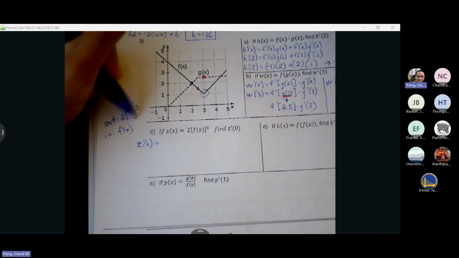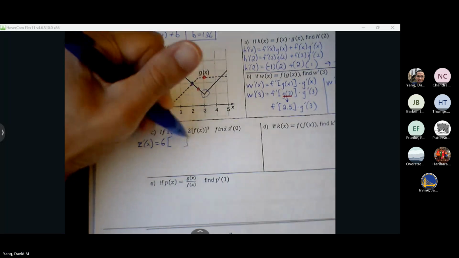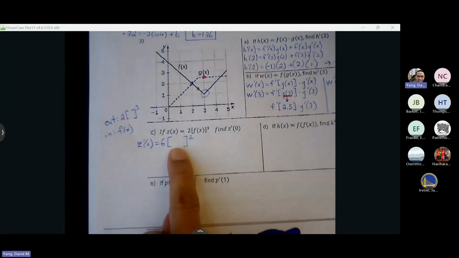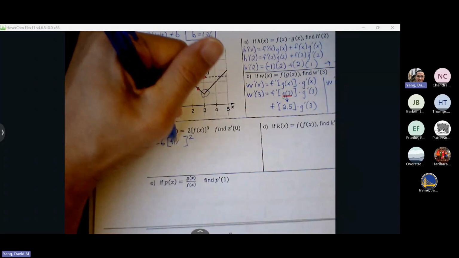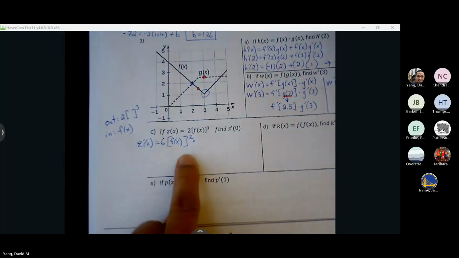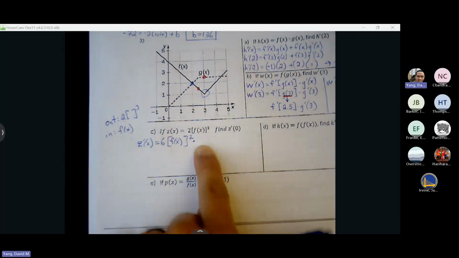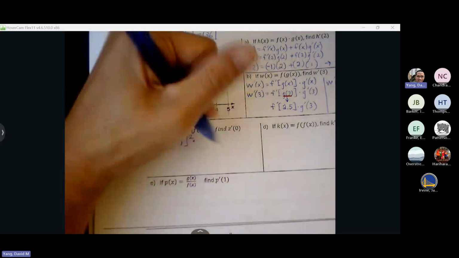This is power rule. So 6 bracket squared. Okay, what goes inside here? Just f of x, right? We're not ready to handle f of x's derivative, not until we get out of this space. Times, now we're ready for the inside's derivative. F of x becomes f prime.